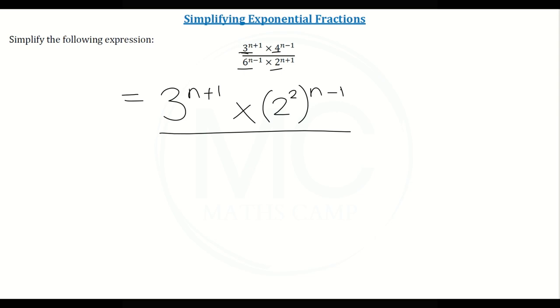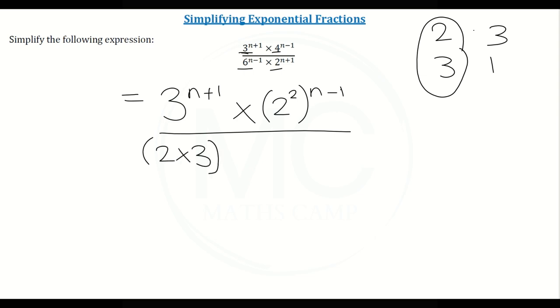Let's find the prime bases of 6. 6 divided by 2 is 3, and divided by 3 is 1. So the prime bases of 6 are 2 and 3. So I can say 2 multiplied by 3 with an exponent of n minus 1, multiplied by 2, which is already a prime, to the power of n plus 1.